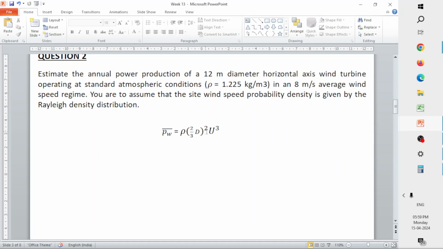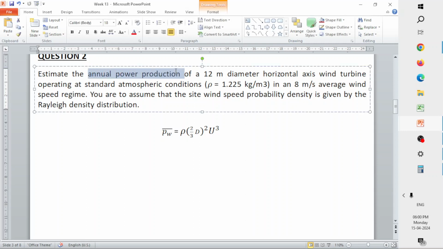U is the average wind speed, since we are calculating the average power, and we are given the average wind as 8 meter per second. You just need to plug these values into the equation and calculate the average machine power. Once you calculate it, you need to scale it up, because this is only for a particular hour, to calculate the annual power production.